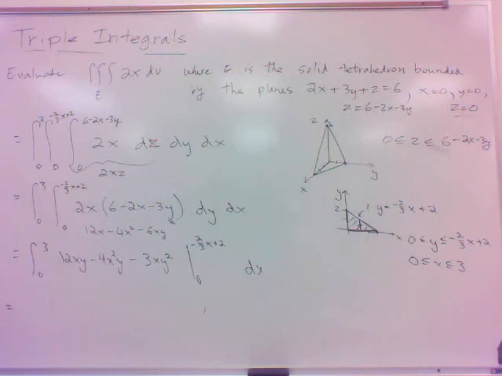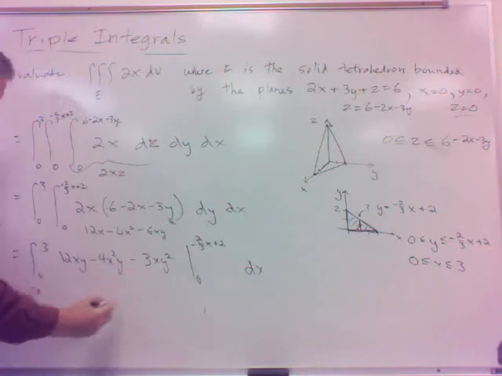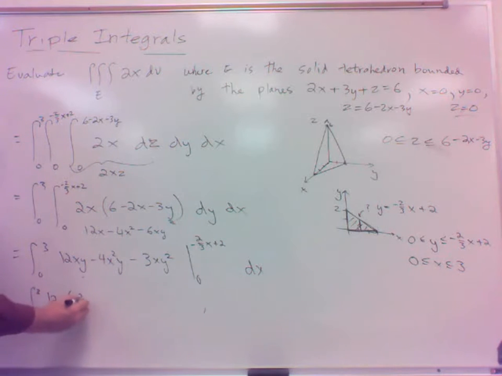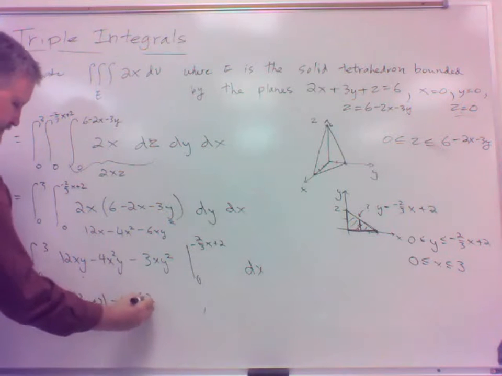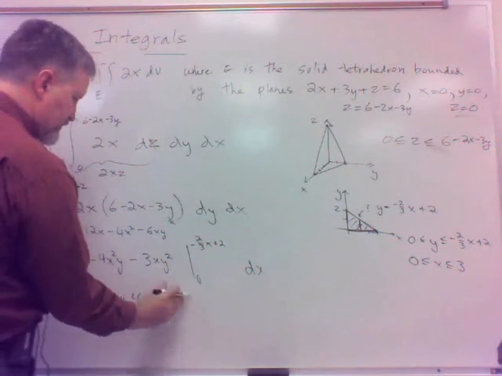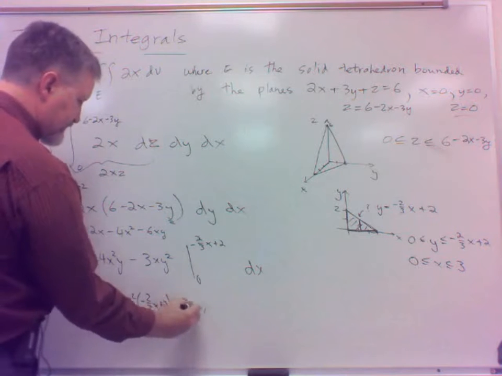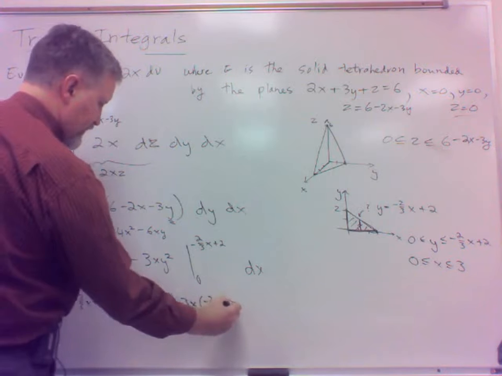Same old, isn't it? We plug in negative 2/3 x plus 2 for the y's. So we have 12x times negative 2/3 x plus 2, minus 4x squared times negative 2/3 x plus 2, and then minus 3x times negative 2/3 x plus 2 squared.